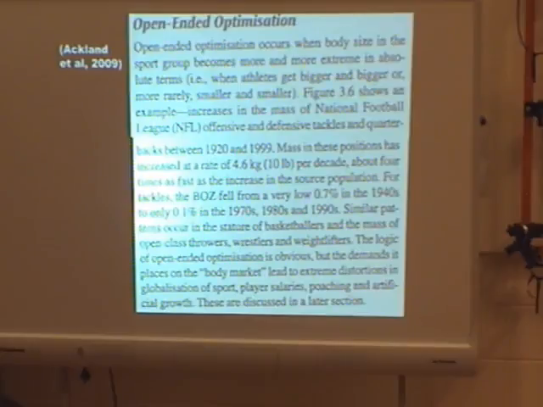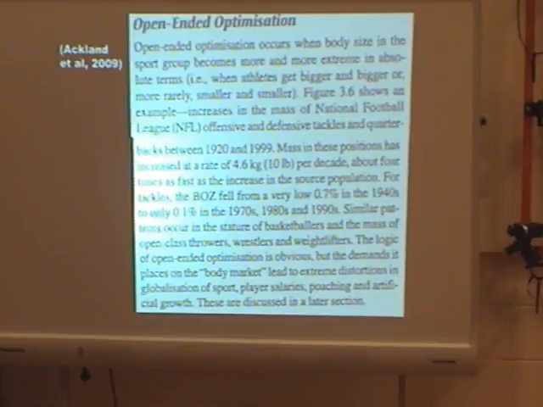They were taking people from the European and foreign markets that are bigger and stronger, and taking the players that are optimized for that position because they now have a larger market. So this open-ended optimization is saying that when athletes get bigger and bigger, it can just continue to get more and more extreme. And this has been seen in the NFL.